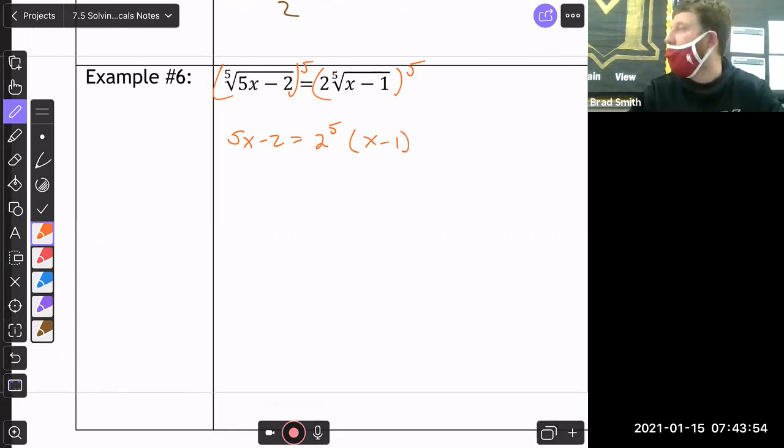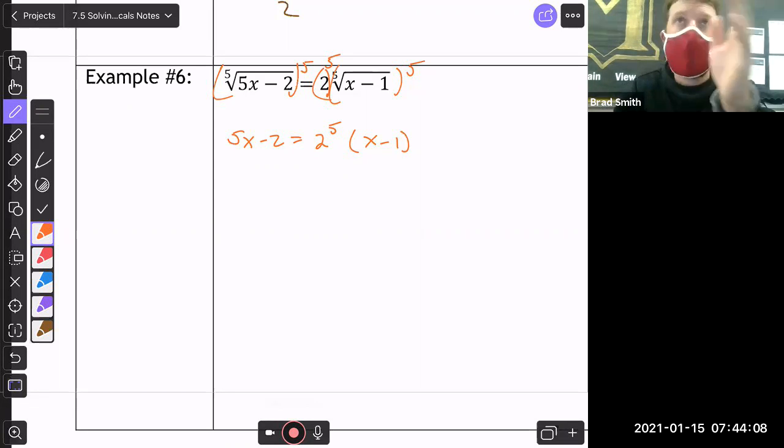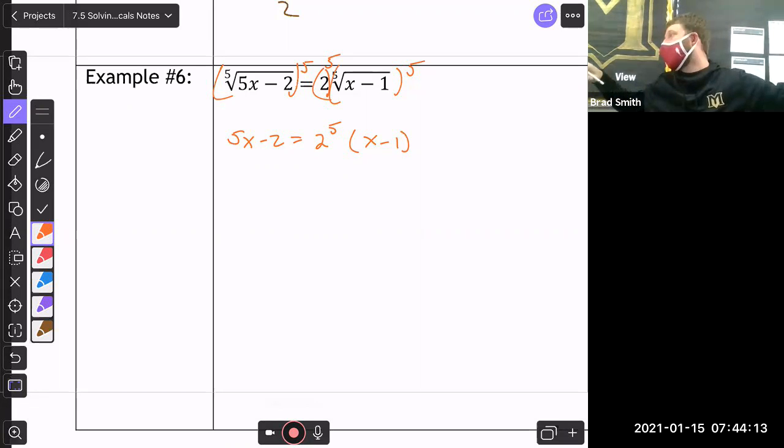And then that radical is going to go away. Do you see that? You can split this up into 2, and everything's going to get the 5th power. So if there's a number on the outside and you're raising it, make sure you get that outside number too.